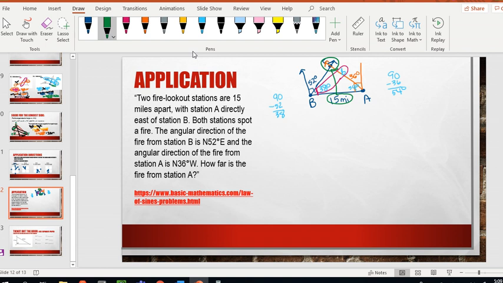Well, if I know this is 38 and that's 54, then angle F, the measure of angle F, I should say, is equal to 180 minus, we've got to add this together, 38 and 54.